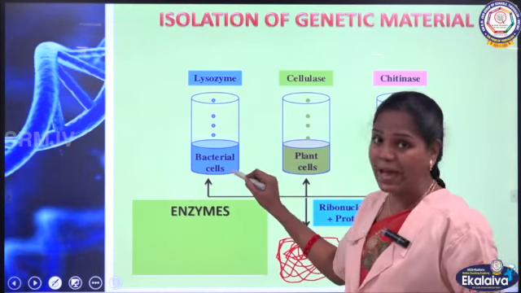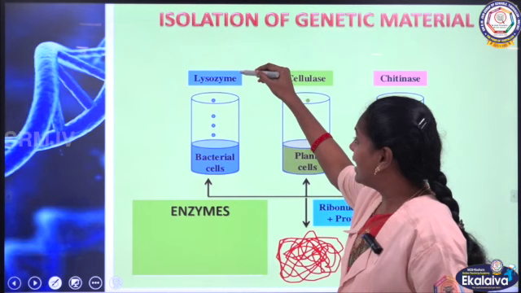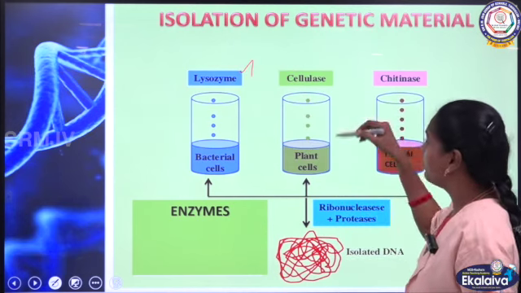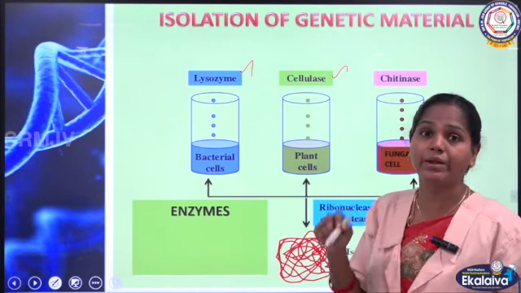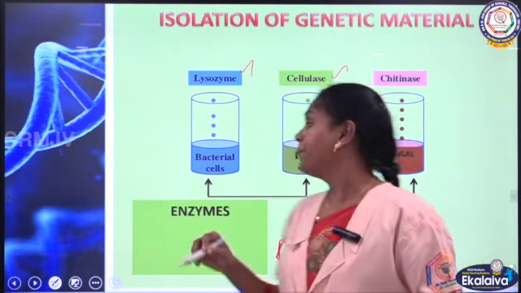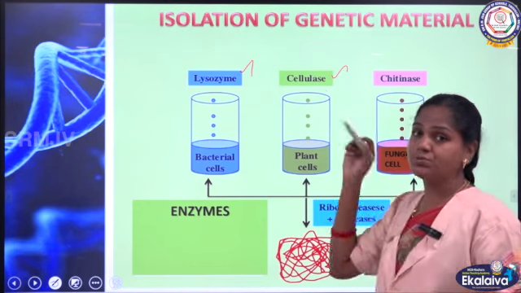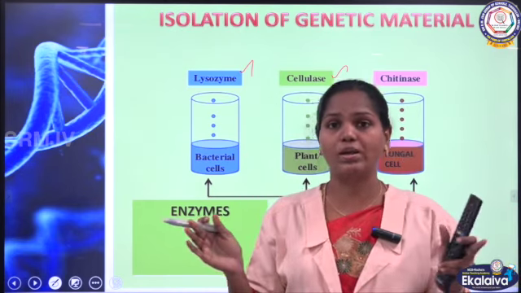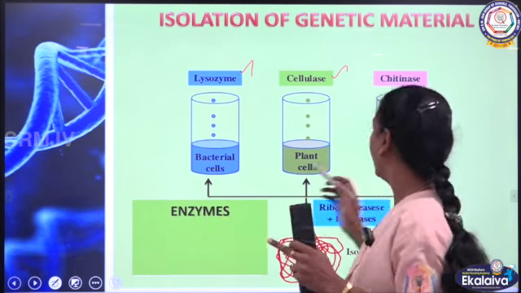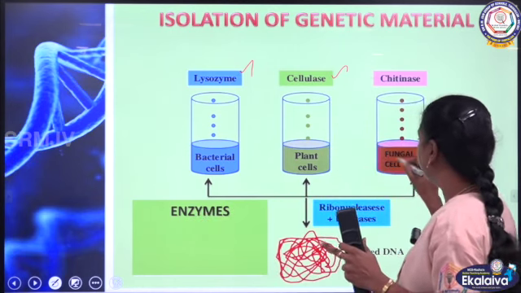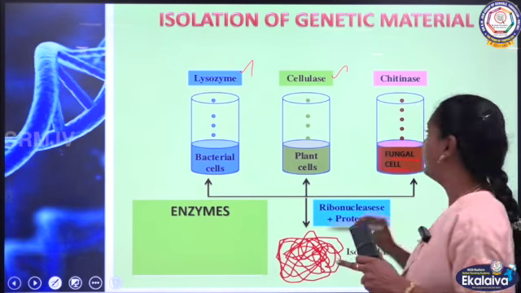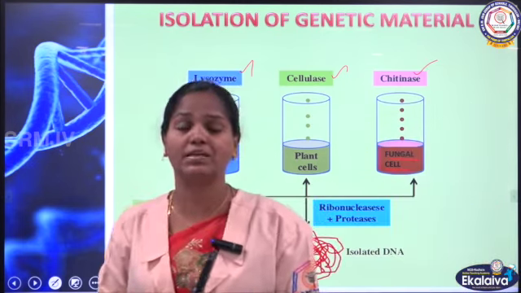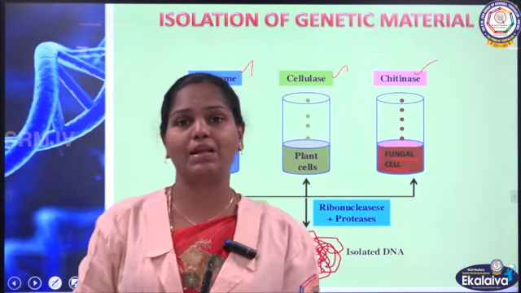If it is a bacterial cell, it can be lysed by using the lysozyme enzyme. If it is a plant cell, the cell wall is made up of cellulose, so it can be treated with cellulase, which will break down that cellulose so that the cell wall can be broken. If it is a fungus, it can be treated with chitinase enzyme to break the chitin which makes up their cell wall, so that the cell can be lysed easily.